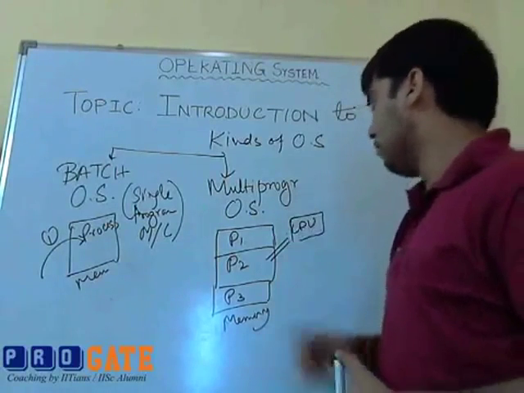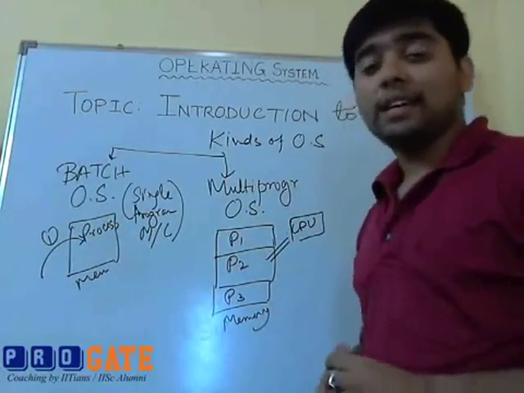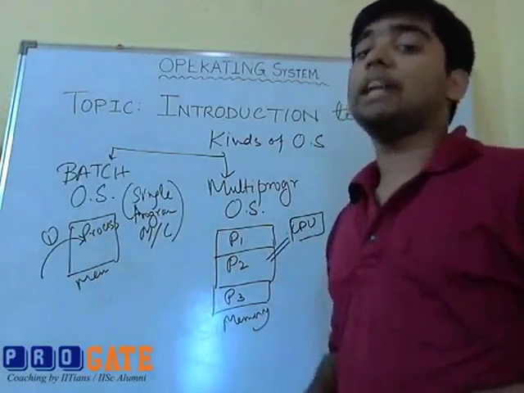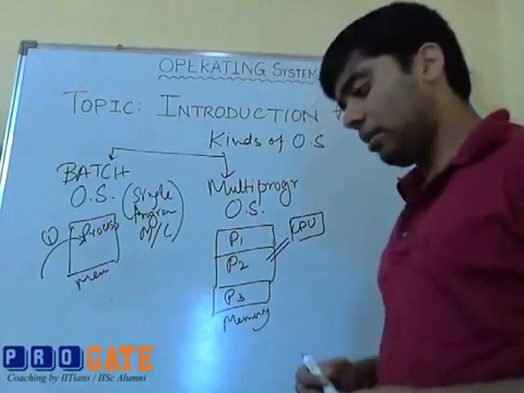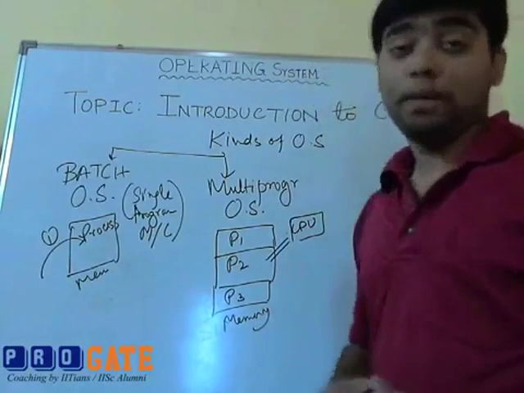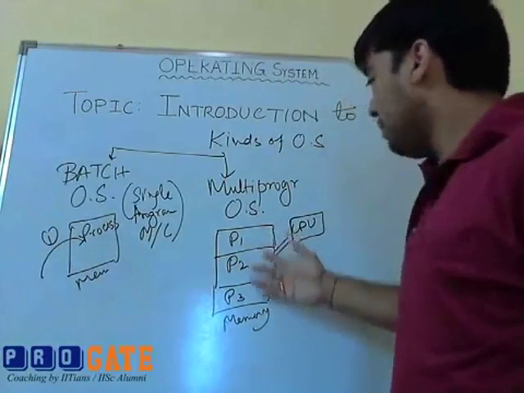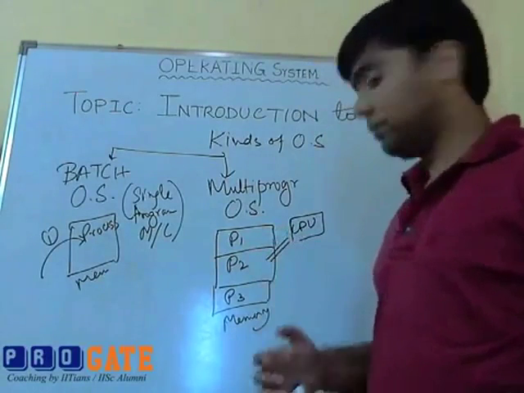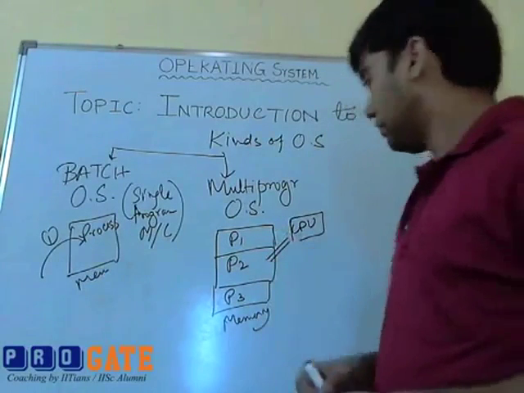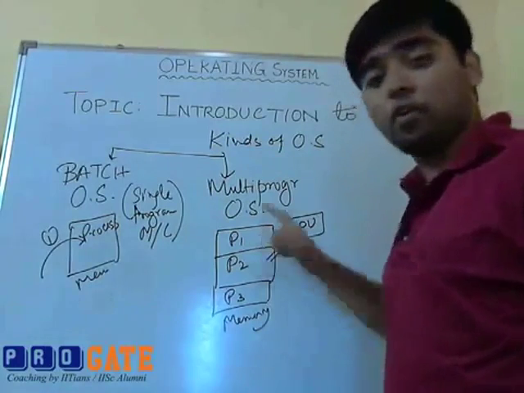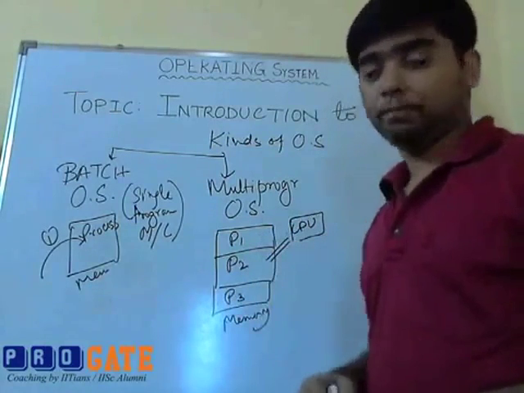One major problem with a multi-programming OS is that it is normally not very interactive. By that, what do I mean? Suppose you give 3 programs to the machine to execute. But P1 requires a lot of CPU time.